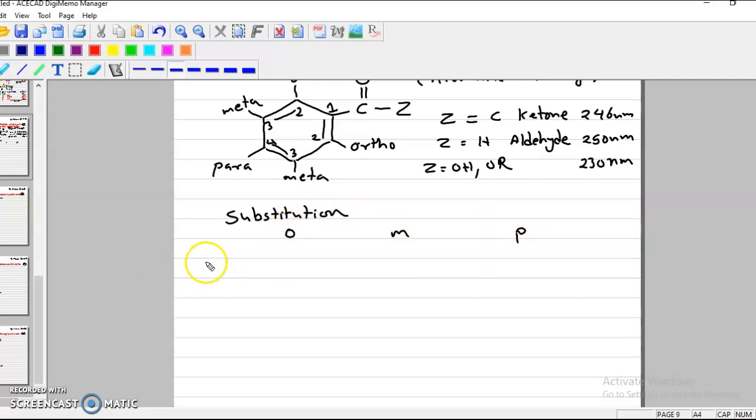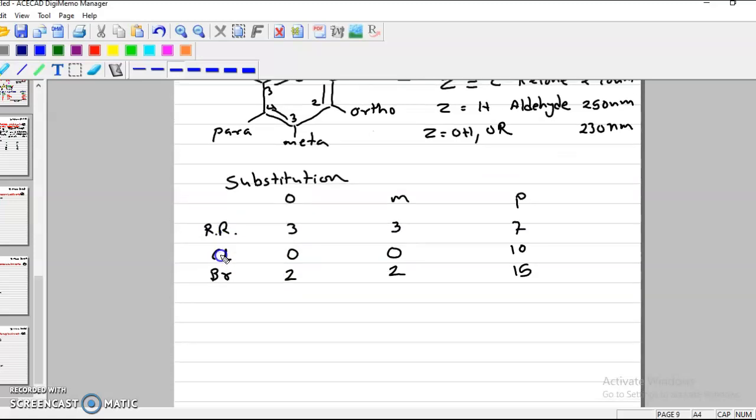If a ring residue is present at ortho position, we will add 3 nanometer, for meta 3 nanometer, and for para 7 nanometer. If chlorine is present, at ortho 0, at meta 0, but at para 10 nanometer. If bromine is present, at ortho 2 nanometer, at meta 2 nanometer, but for para 15 nanometer.